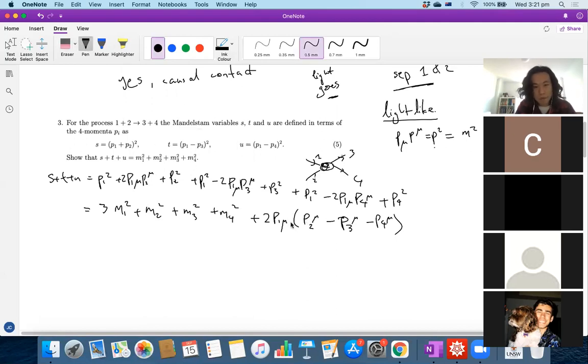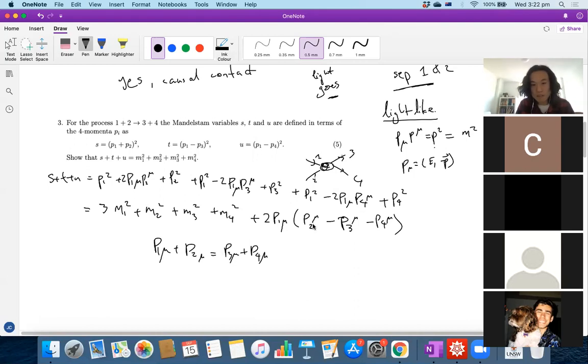But rather than doing it individually, we just look at this bracket right now and say, okay, 3-momentum and energy are both conserved individually. And since four-momentum is just made up of the energy and the 3-momentum, and they're both individually conserved, then four-momentum must also be conserved. So the four-momentum conservation in this case is P1 mu plus P2 mu is equal to P3 mu plus P4 mu.